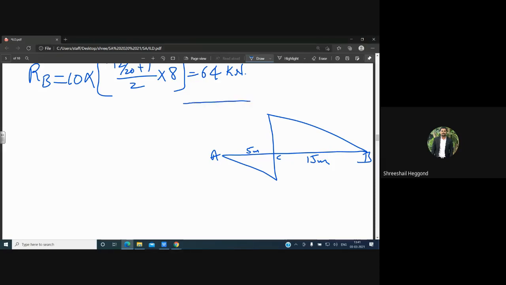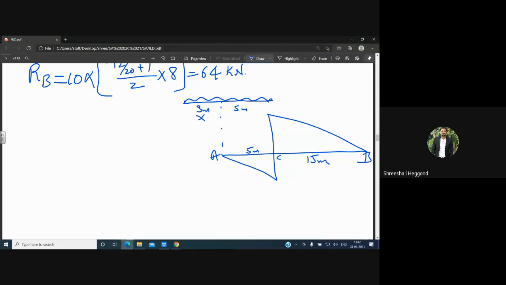When you are calculating negative shear force, only 5 meter of UDL will be on the span. The remaining 3 meter will be beyond the span, which means this 3 meter you need to neglect. Only for the 5 meter span you need to calculate the shear force at the negative side.